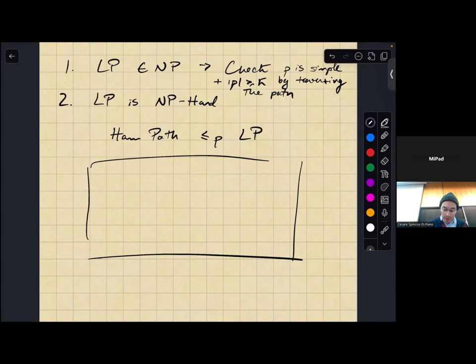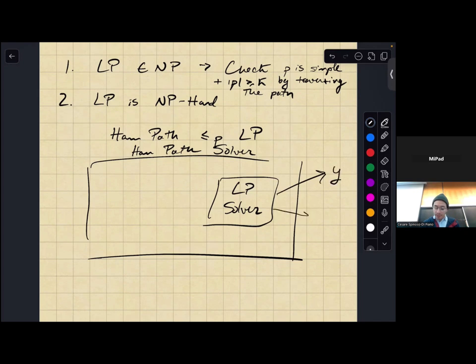We want to create a solver for the Ham path problem using a solver for the LP problem.